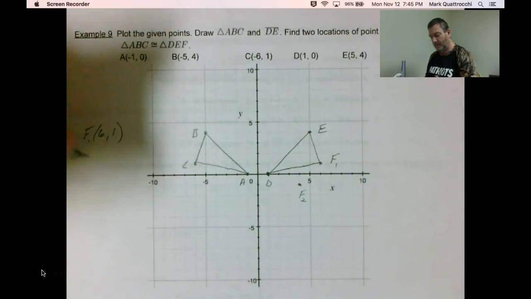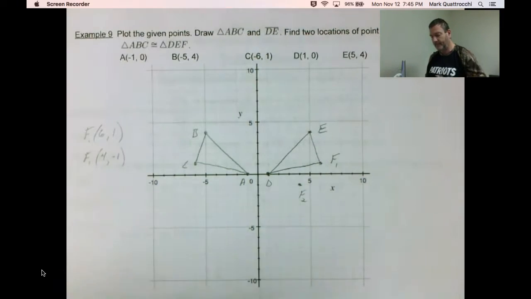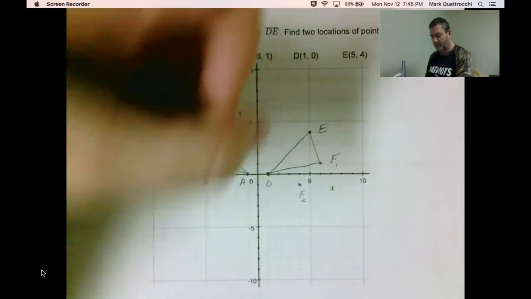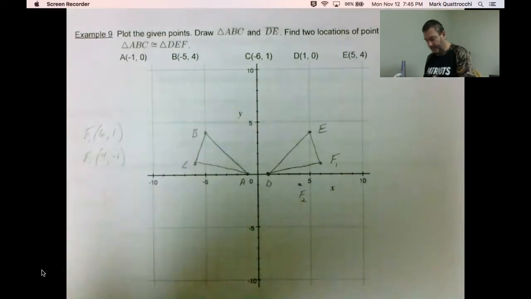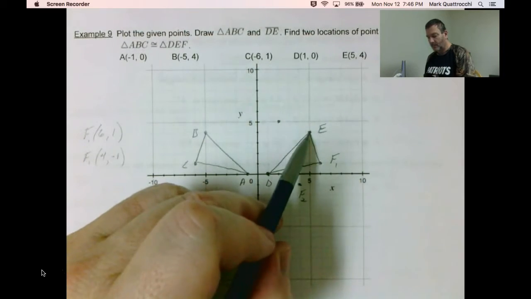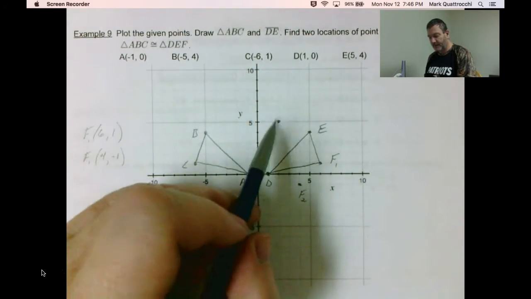F2 is at 4, -1. F3 would be over here, an image of F1.